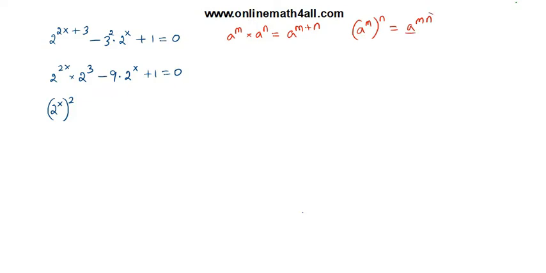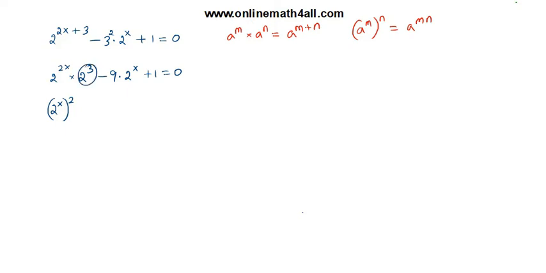Here we have base a and two values m and n multiplied. So what we can do is take one as the first exponent, the other one as the second exponent. Anything can be taken as the first exponent, anything can be taken as the second exponent. It is not that we have to follow the order. So here I have taken x as the first exponent and 2 as the second exponent in this term, because I just want to get the whole equation in terms of 2 to the power of x.